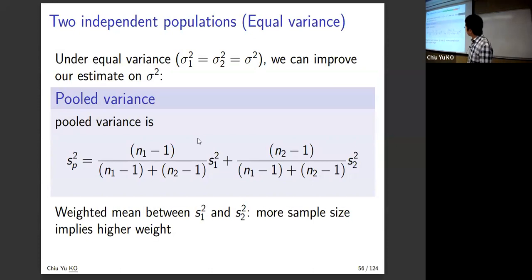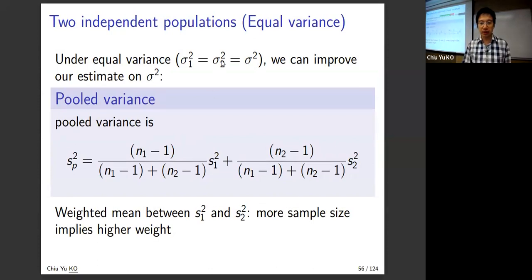Okay, so let's focus on the easiest case first. There are two cases here. One is where we make a specific assumption that they have equal variance. You assume that, say, boys and girls have no difference.